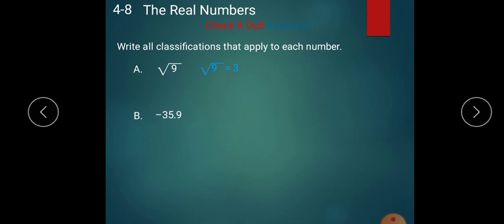So root 9 value is 3, which is a rational number. Minus 35.9. After the decimal point, one digit is there, 9. It ends, so it is a terminating decimal.